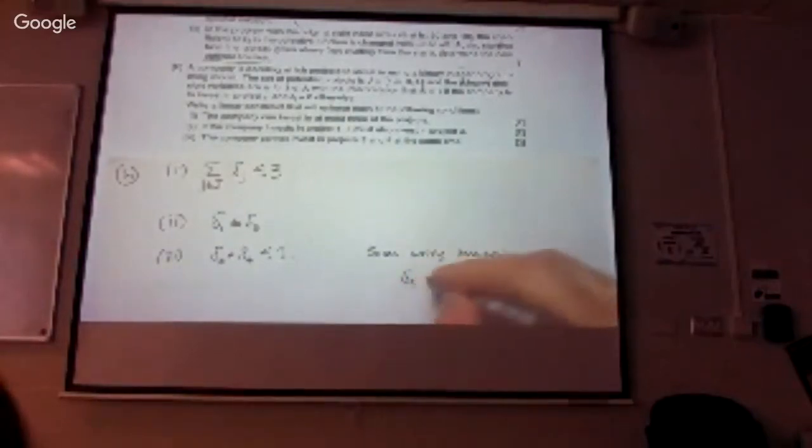Delta 3 is not equal to delta 4. And that is wrong because this means that they have to do exactly 1 of them, not at most 1 of them.